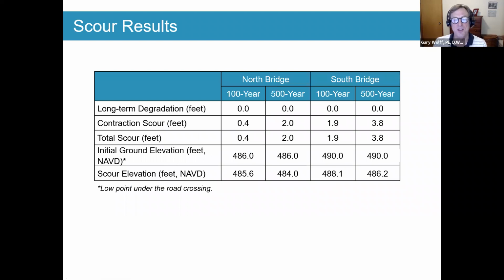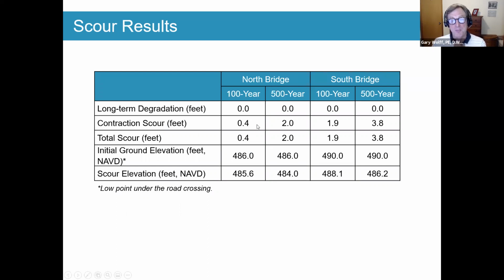And these are just the different results at the two bridges here. So we're assuming now, based on our channel stability evaluation, that we don't see any long-term changes in the bed elevation that look like they're going to affect these bridges. So we assume the long-term degradation to equal 0.